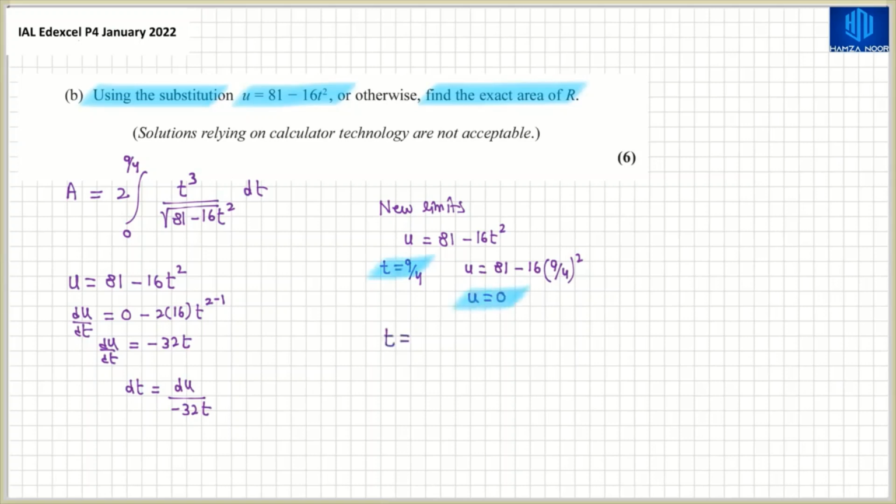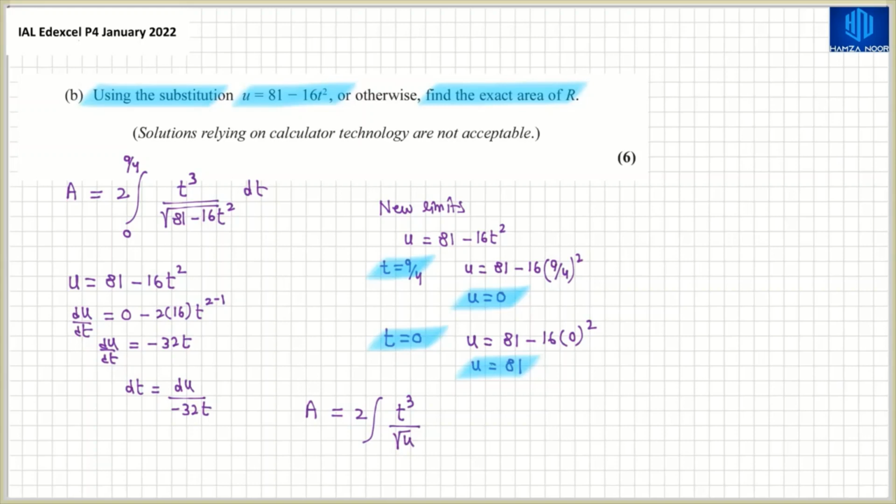And then we have t equal to 0. So u will be equal to 81 minus 16 times 0 squared. Therefore u is equal to 81. So when t is equal to 0, u is equal to 81. Now in the next step, we can say that area is equal to 2 multiplied by the integration of t cubed divided by the square root of 81 minus 16t squared. Since u equals 81 minus 16t squared, we can write t cubed divided by the square root of u, and this whole fraction is multiplied by dt.